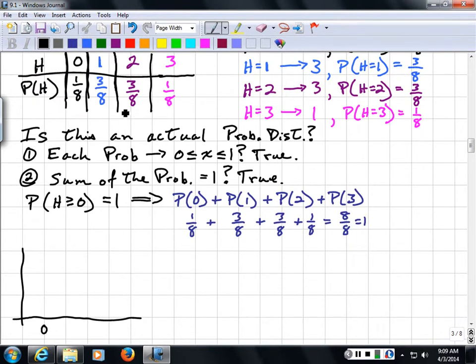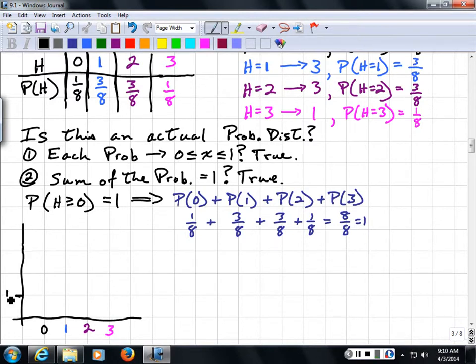There's the 0, there's the 1, there's the 2, and there's the 3. And those are going to be the midpoints of the bars that you're going to draw, okay? And since I only have 4 possibilities for probabilities, I can list those on the vertical axis, and that's what I'm going to do.